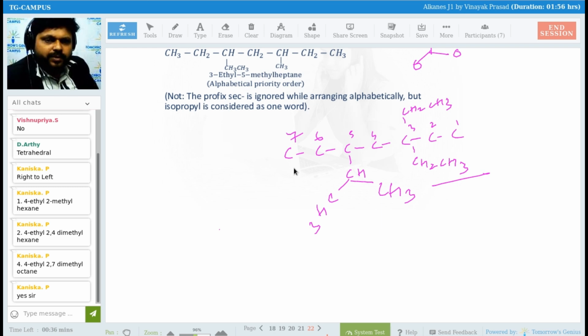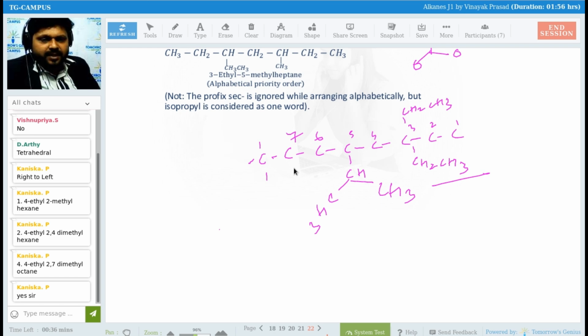Once again, I am going to give you one more carbon here. Then tell me, what is the right answer for this question? If total number of carbon is 8, and this is the structure, what will be the right answer?